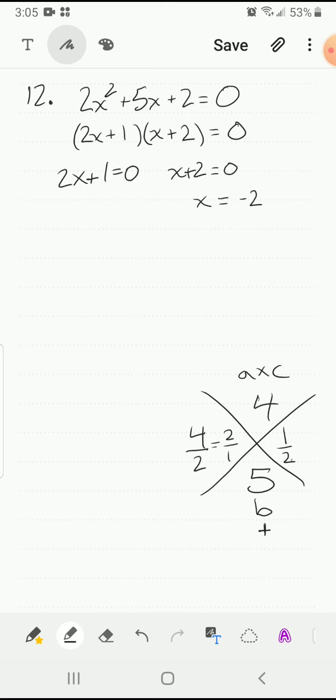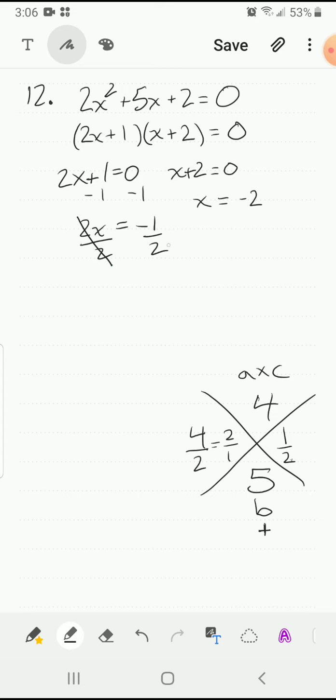Now, 2x plus 1, that's a little bit more complicated. Now we have to do a little bit of algebra. So I'm going to move this positive 1 across, or subtract it off from this side. What I do to one side of the equal sign, I have to do to the other side of the equal sign. So I'm going to be left with 2x equals negative 1. Now, last thing I have to do to get x by itself, I have to divide both sides by 2.